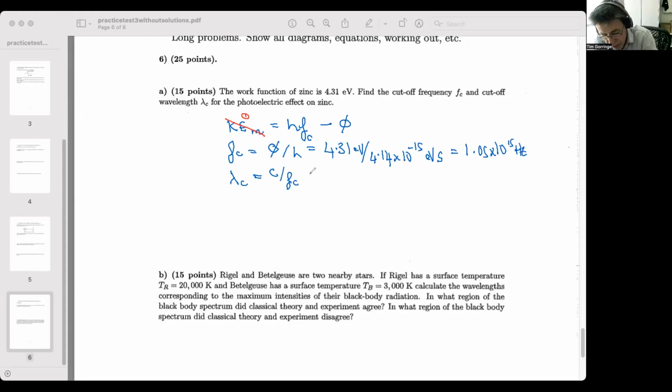All we've got to do is fill in the speed of light, 3 times 10 to the 8 meters per second in the numerator, divide by the cutoff frequency that we computed, 1.05 times 10 to the 15 hertz, and dividing the numerator by the denominator, I got 286 nanometers. And so that is both the cutoff frequency and the cutoff wavelength that determine whether you'll liberate or won't liberate the electrons from the metal.